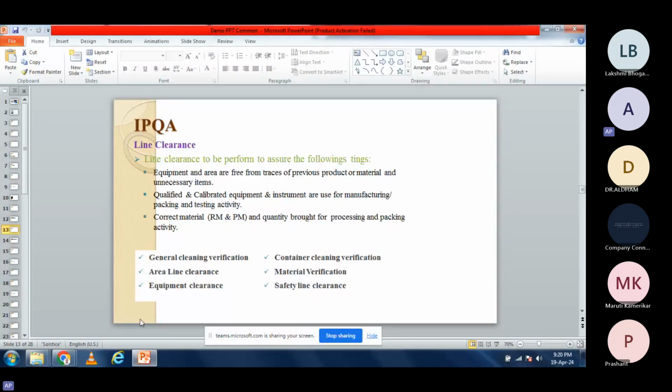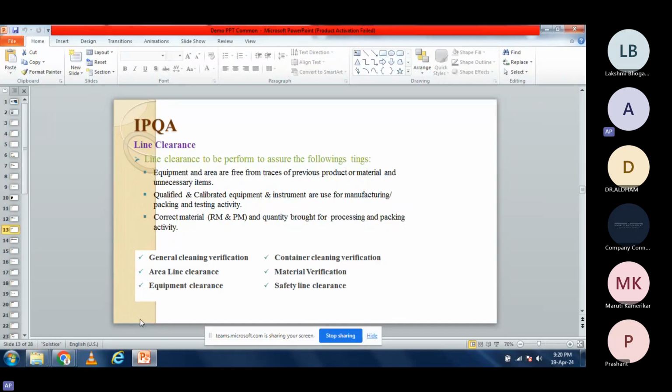One of the roles of in-process quality assurance is line clearance. Line clearance means verification of the manufacturing equipment, containers, material, and area, and their cleaning and adequacy. For example, if you make any recipe in our home, we ensure that the items used are cleaned. Who ensures it?